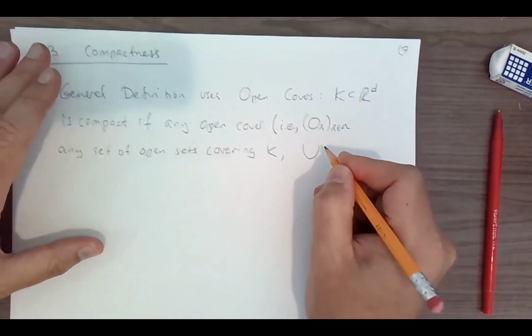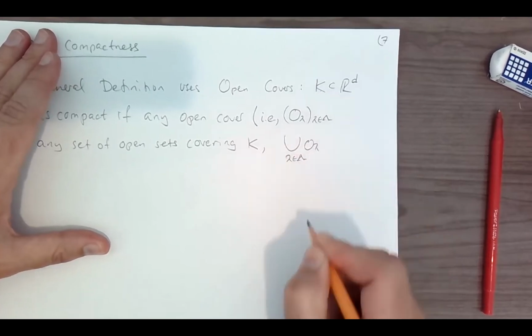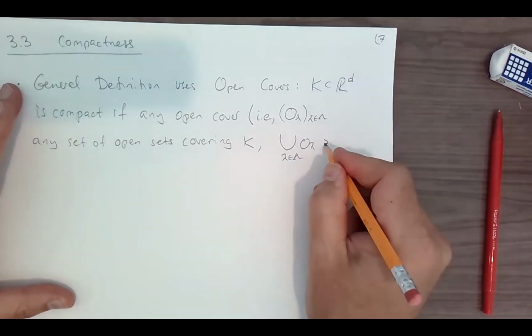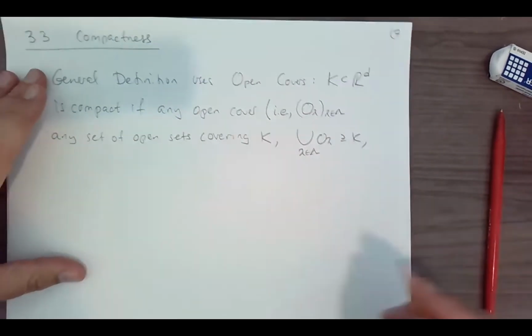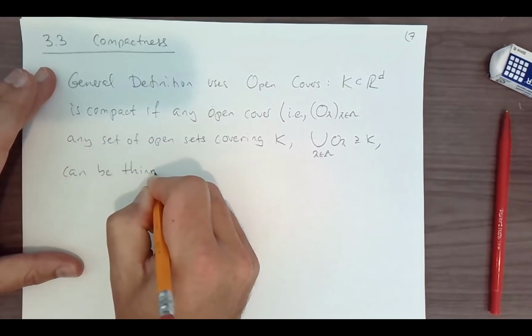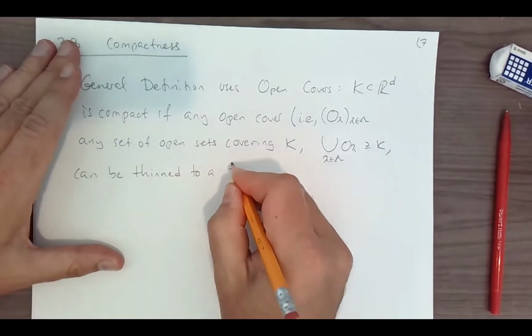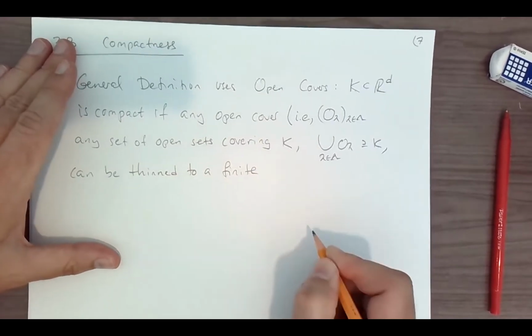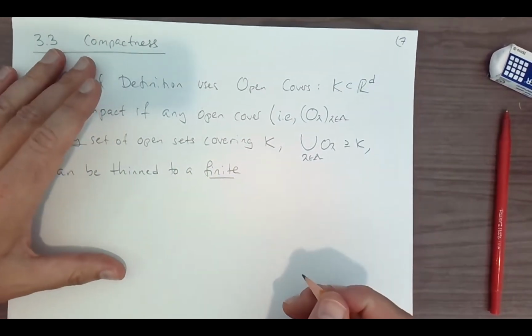That means you take a union of all these open sets, and it's big. It covers K. It can be thinned to a, and here comes the critical word, finite. So you take any and you go to finite. So a finite cover.